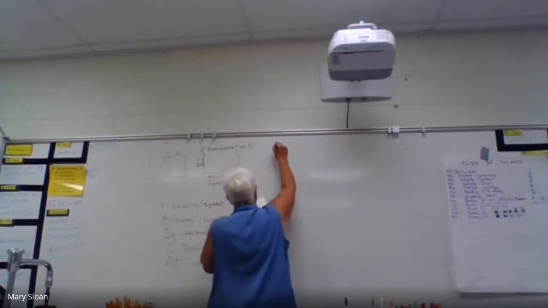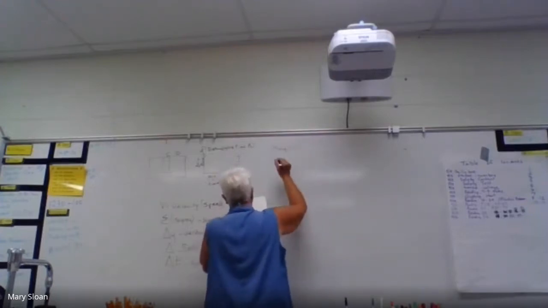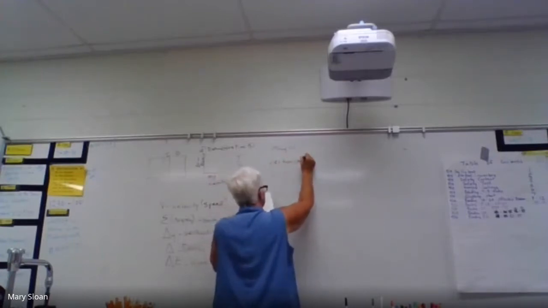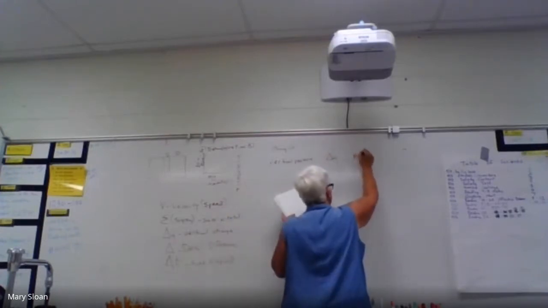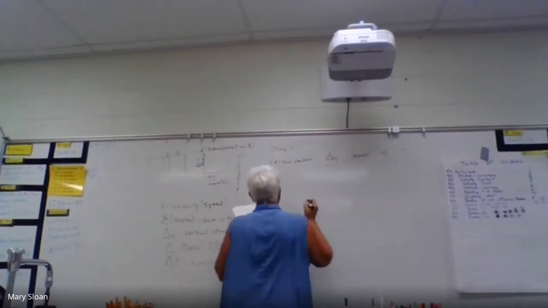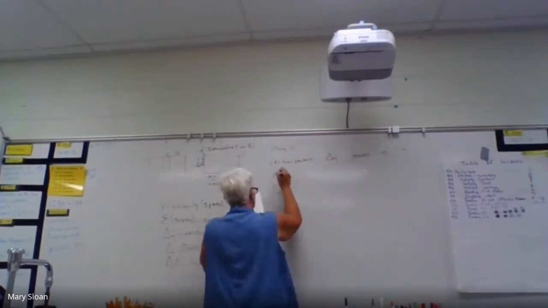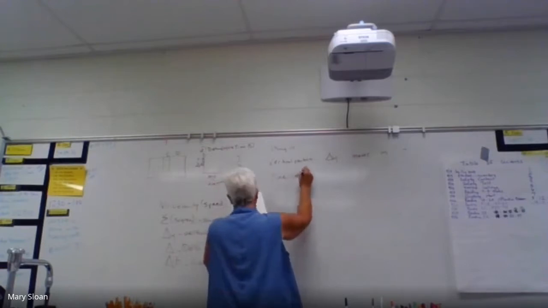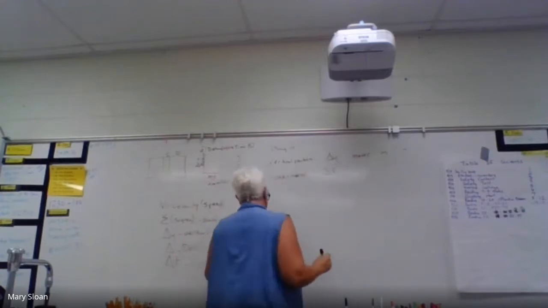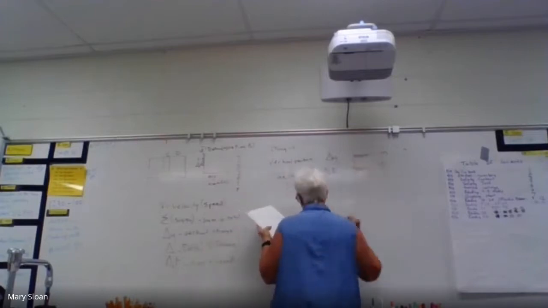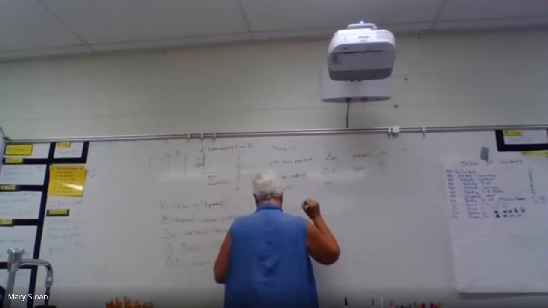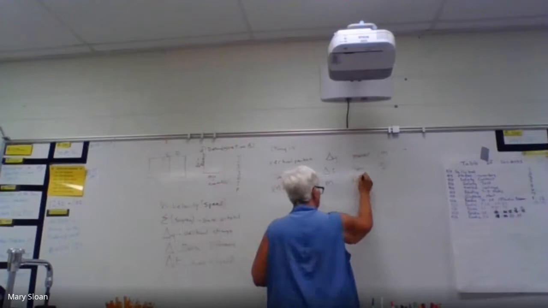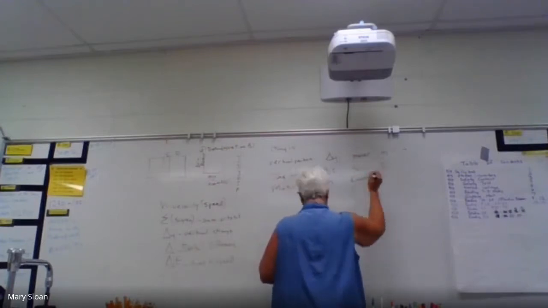So if you have a change in vertical position, that's going to be a change in Y. That needs to be in meters, which is M. Time interval, change in T, has to be in seconds, and that's the symbol S. And mass is M, which needs to be in kilograms, which is kg.